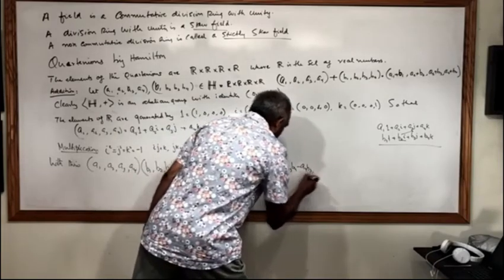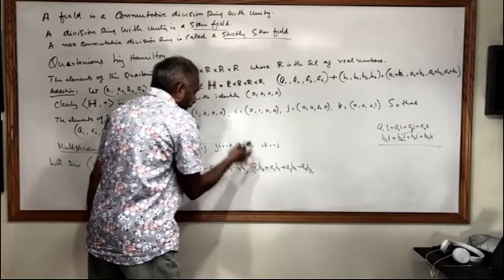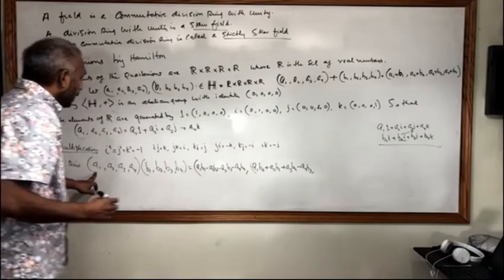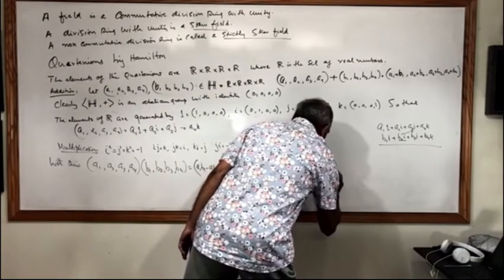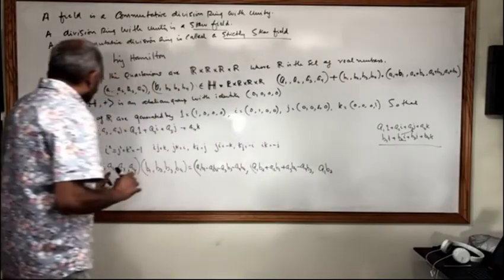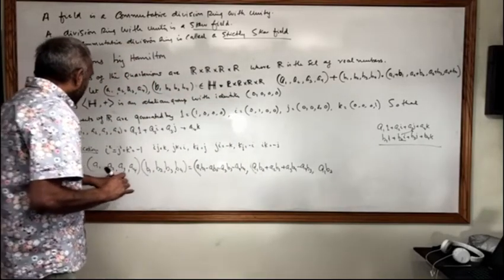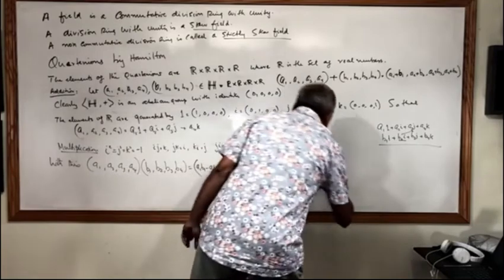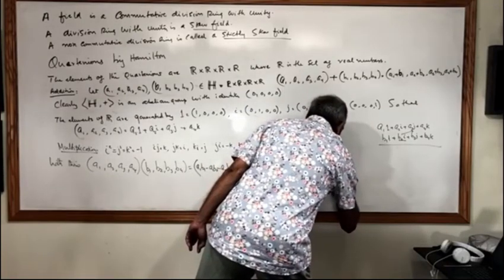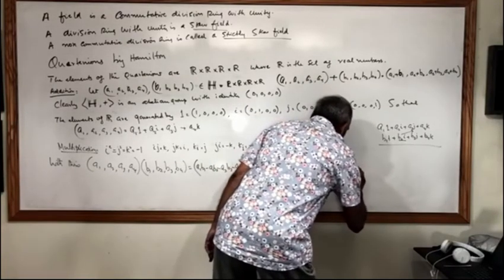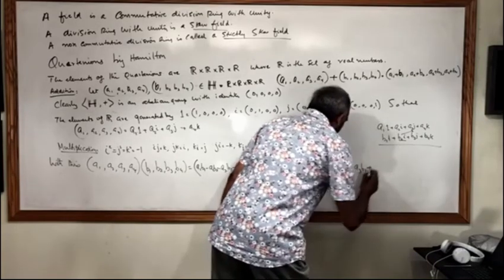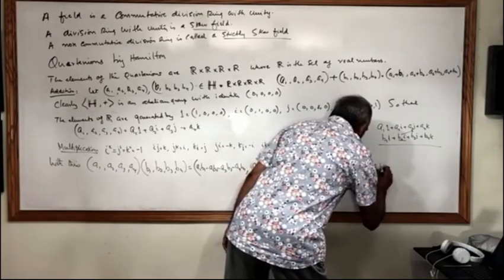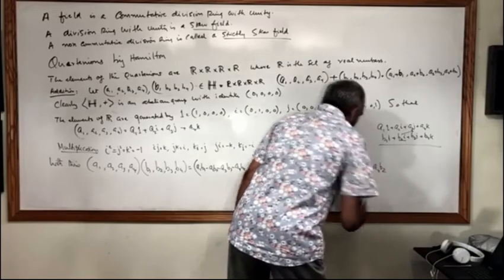The third term is a1 b3 minus a2 b4 plus a3 b1 plus a4 b2.